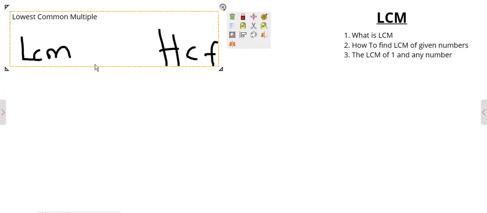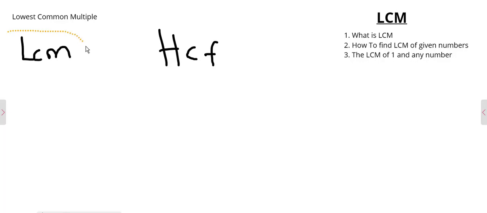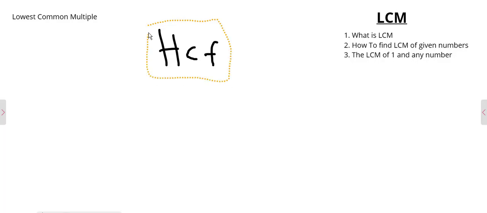So let's get started. Our topic for today is LCM, and there is no better way to start than by introducing what in this world LCM is. You can see it here under our subtopic: what is LCM? Well, LCM stands for the lowest common multiple of two or more given numbers.